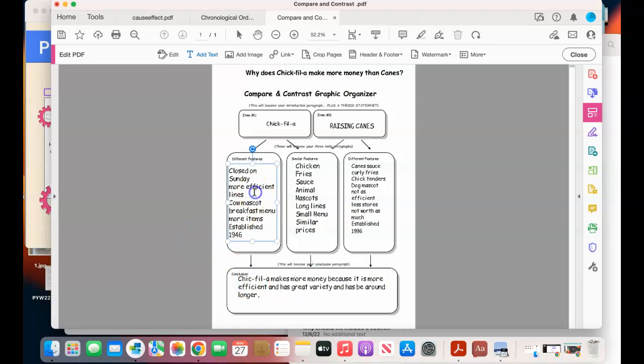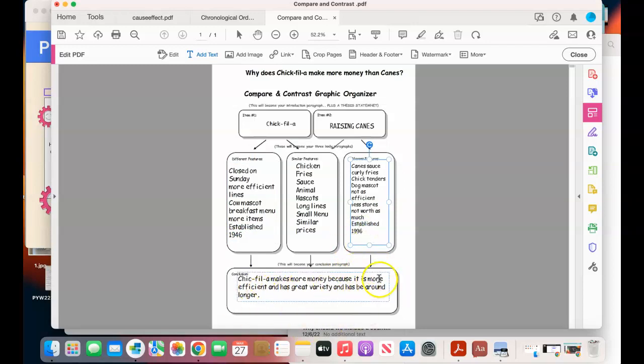So, for example, I'm looking at my differences and similarities. And I'm saying, okay, let's start with when they were established, okay? This is a stark difference. Does that make a difference, right? So in my research, I've already made that conclusion.